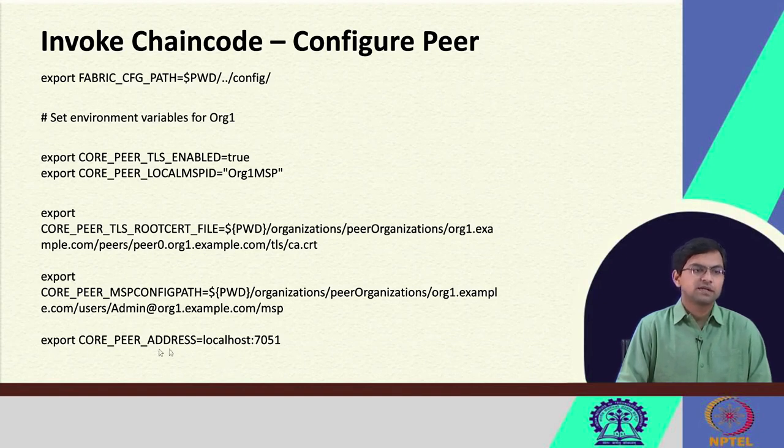And finally, you have to export the address of the PR. So, localhost:7051 is the address on which this particular PR is listening. So, this is PR0 org1.example.com, the one and only PR of org1.